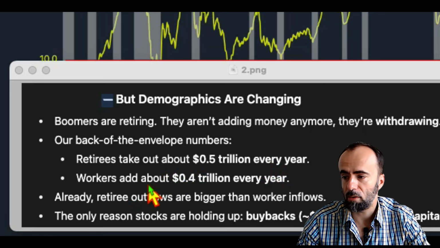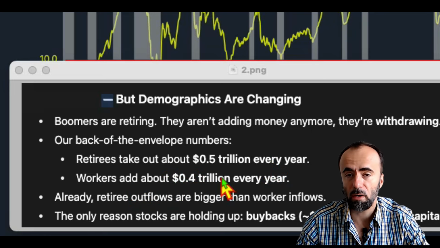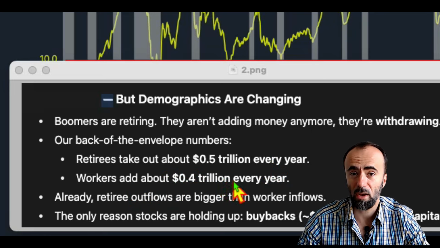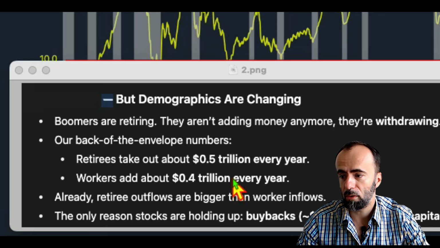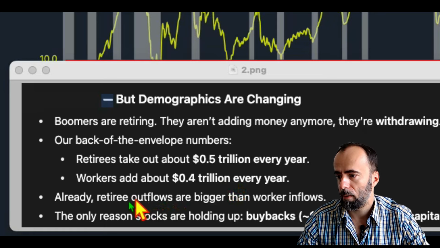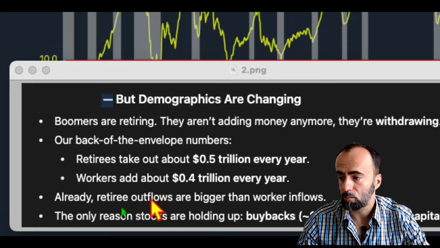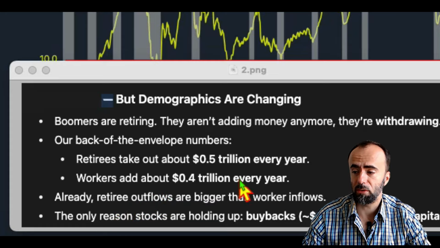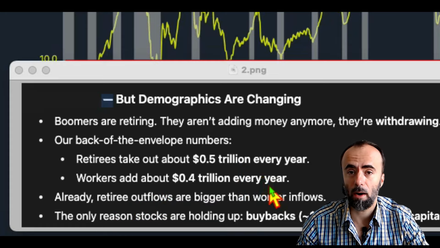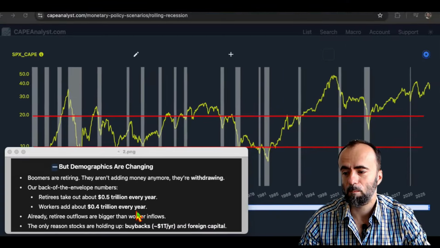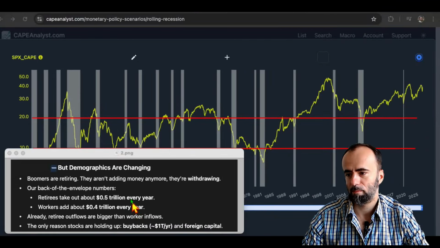And workers add about 0.4 trillion every year. So now retirees are actually taking out more than workers are adding. And the only reason that stocks are holding up is the buybacks and, of course, foreign capital.